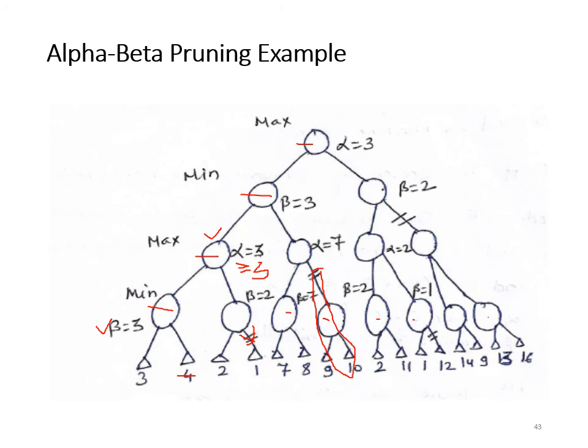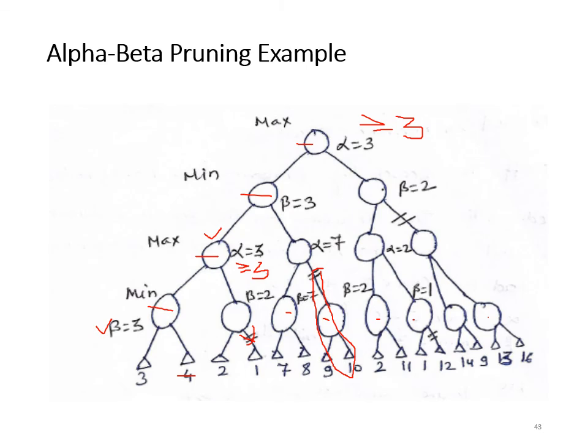Now this beta's value will transfer to the root node, and the root node requires a maximum value which will be greater than or equal to 3. From here you can set beta's value equal to the minimum of 2 and 11, and this value will transfer to here, and here alpha equal to 2 because alpha requires the maximum value.